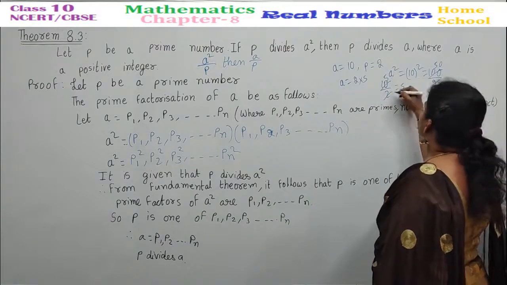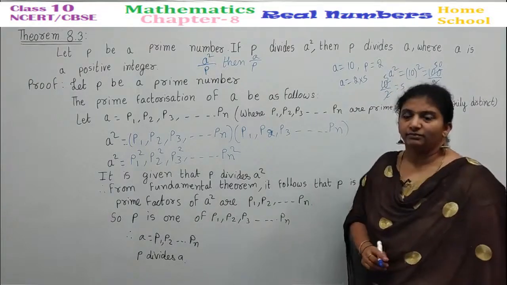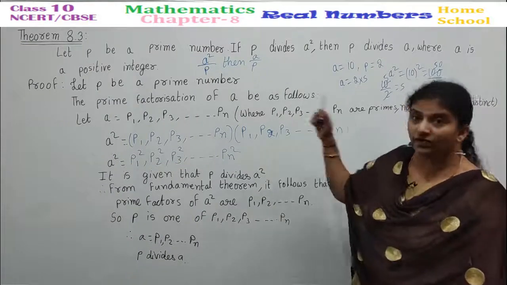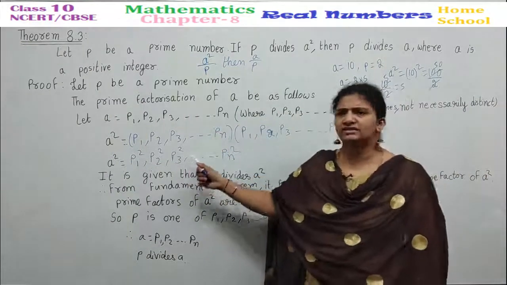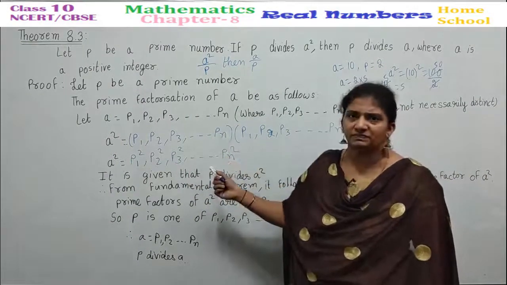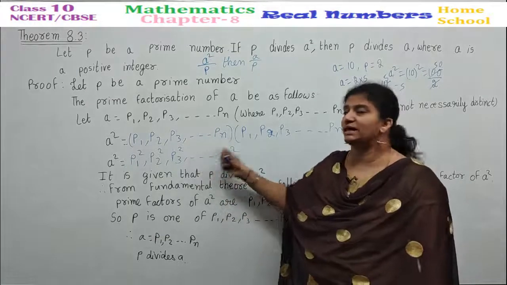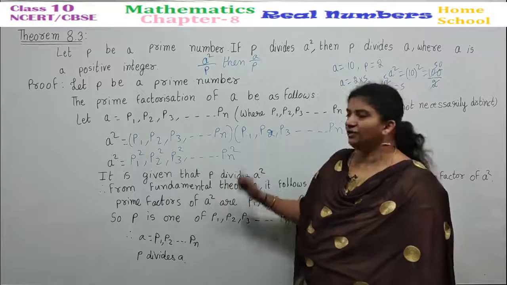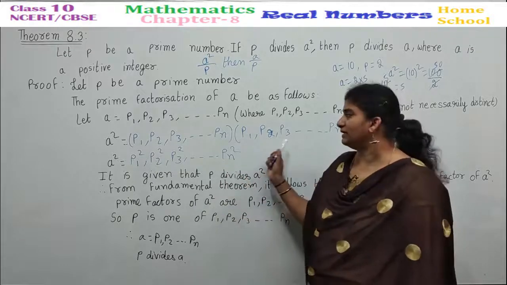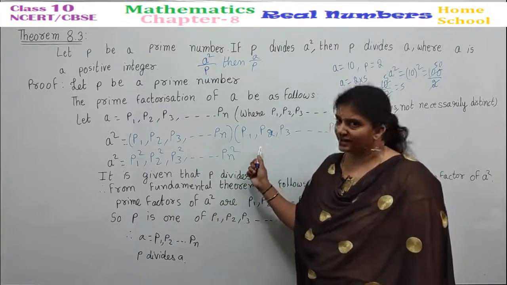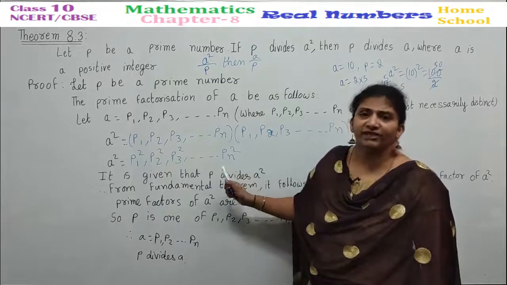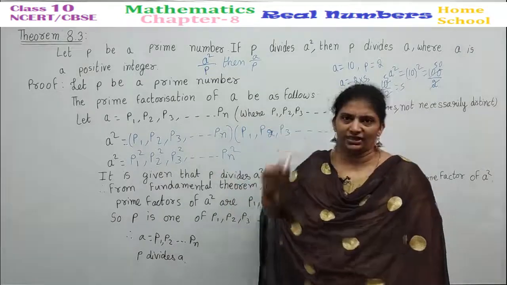Yes, definitely it is going to divide. Why? It is also a factor. A square is just double the numbers. A is written a single time. A square is double the numbers. If any prime number is able to divide A square, then it is definitely going to divide A.